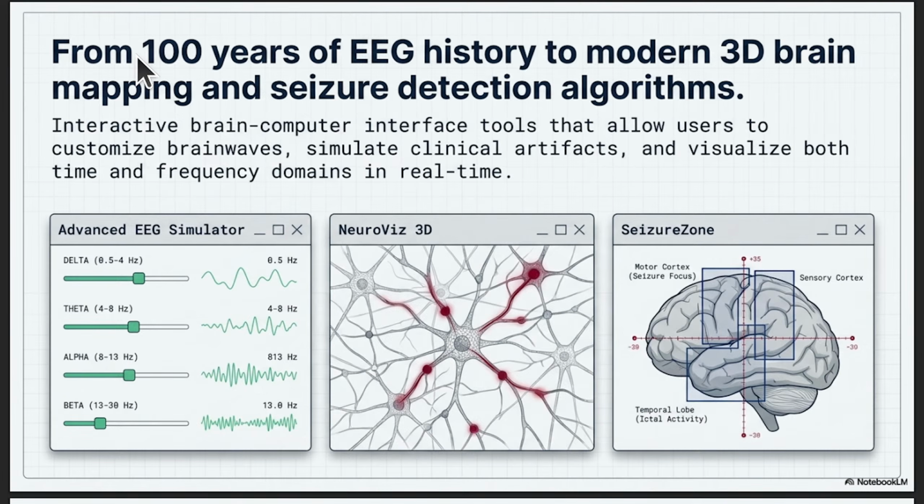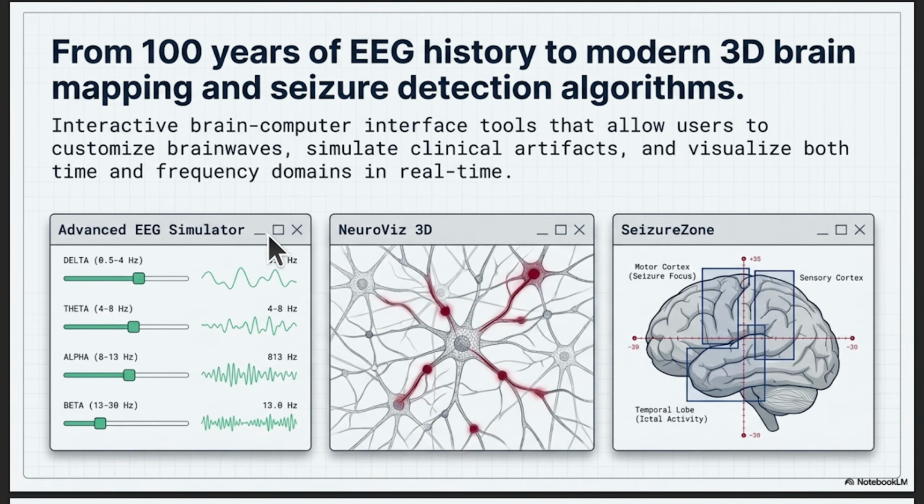From 100 years of EEG history to modern 3D brain mapping and seizure detection algorithms. Okay. Interactive brain-computer interface tools that allow users to customize brainwaves, simulate clinical artifacts, and visualize both time and frequency domains in real time. The visualization, let's see. Does it make any sense? Is that how tools should look like?